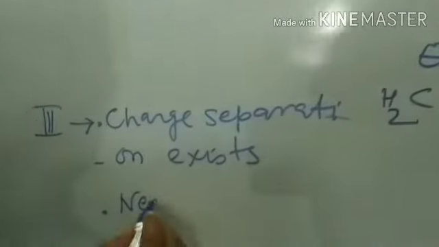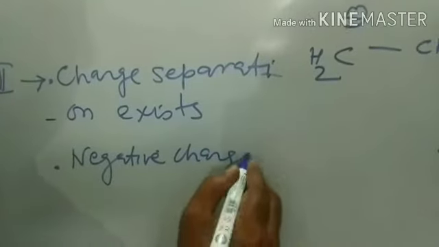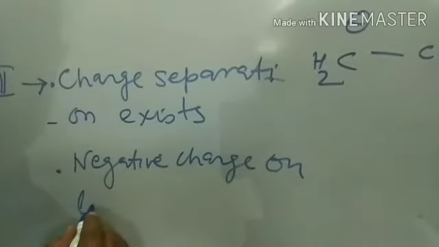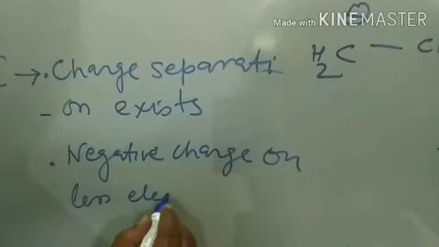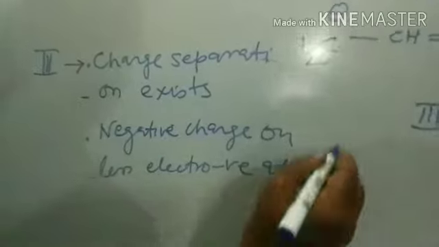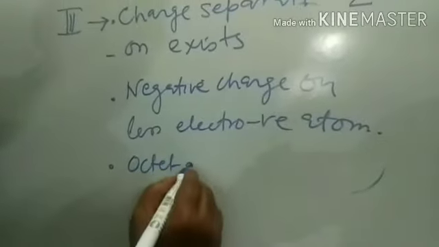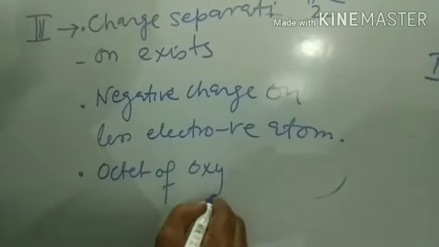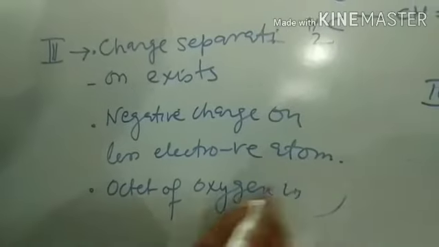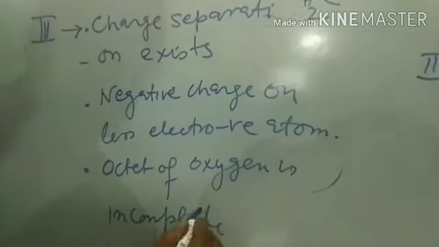Secondly, the negative charge is on the less electronegative atom. The octet of oxygen is incomplete. Therefore third is less stable.